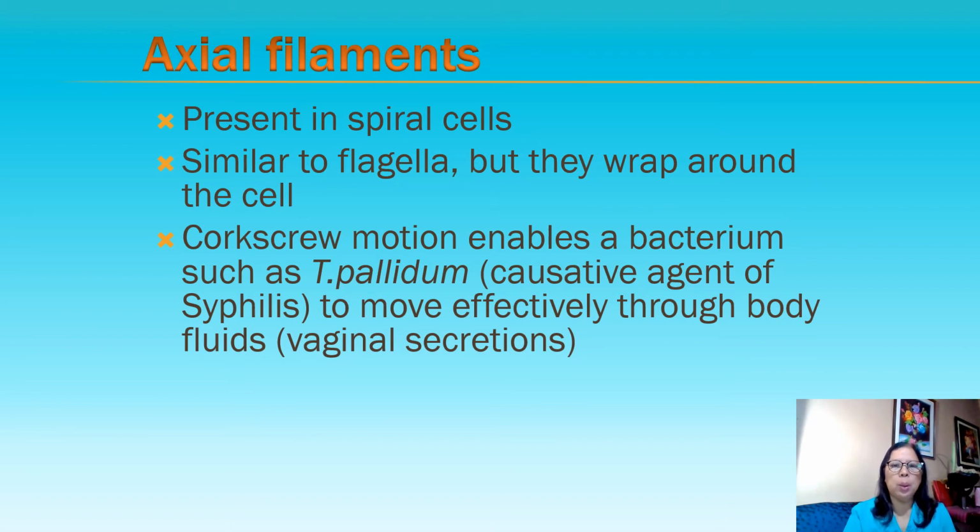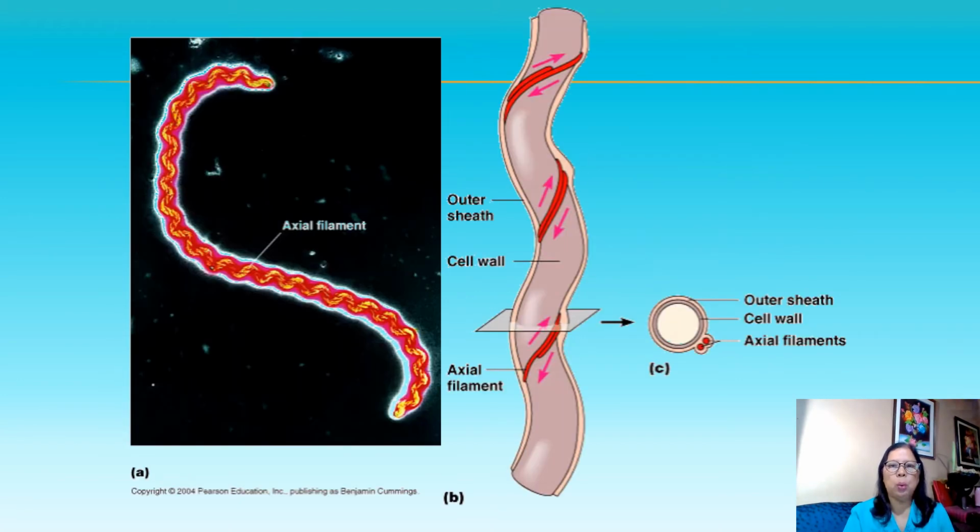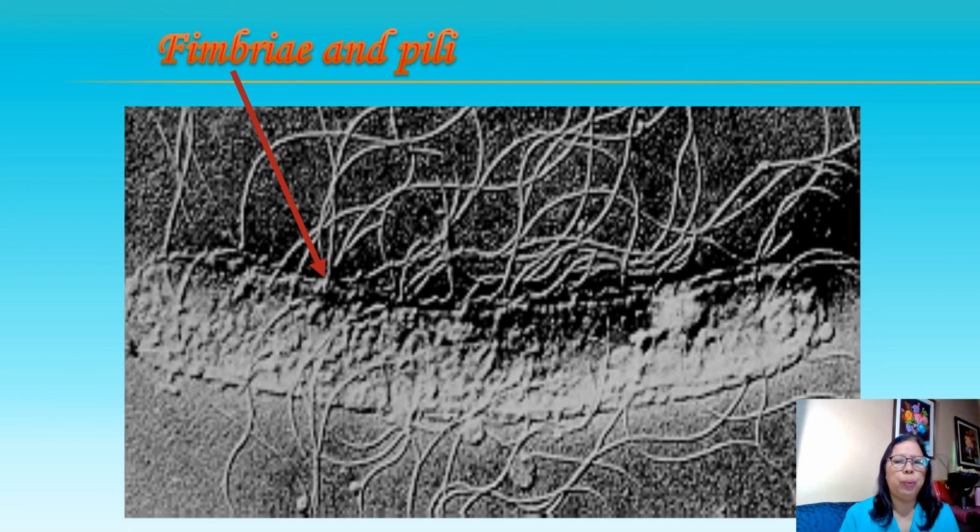The corkscrew motion of Treponema pallidum in vaginal secretions makes it transfer from one place to another, or from one host to another. So here is the illustration. The movement of going there, turning around, going up again, turning around. So that is how the microorganism moves.